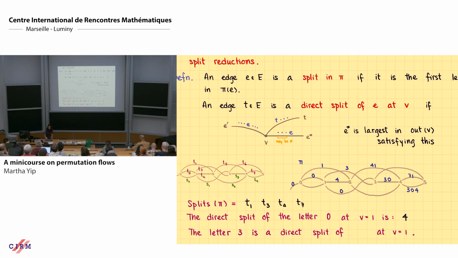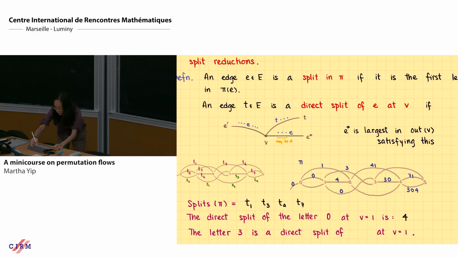If it's this scenario, T is 4, E is 0. And then the last one, the letter 3 at V1 is a direct split of what? 0.